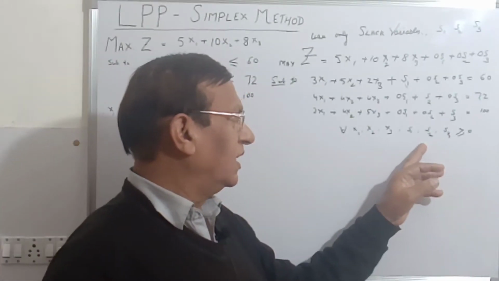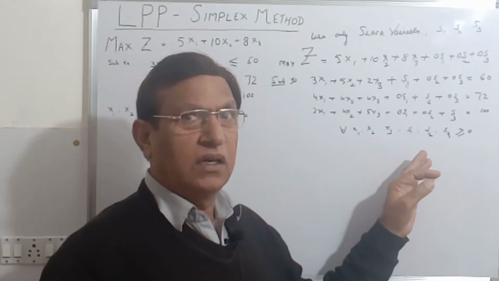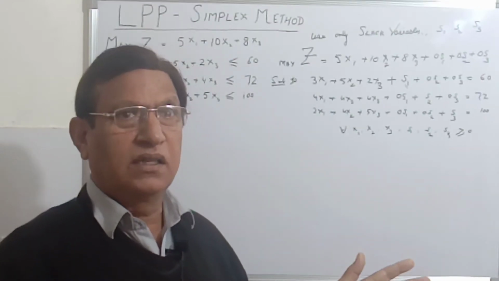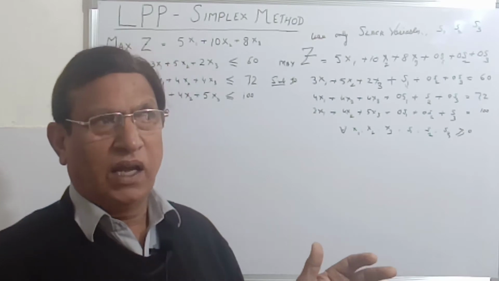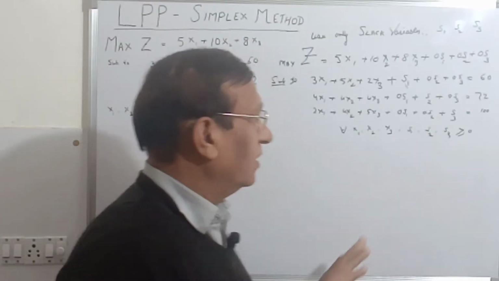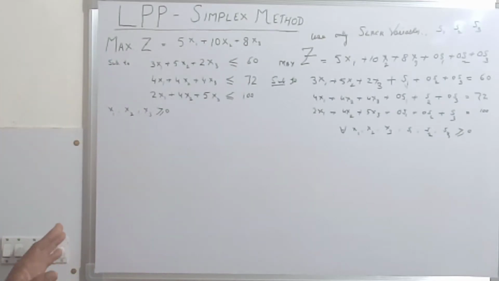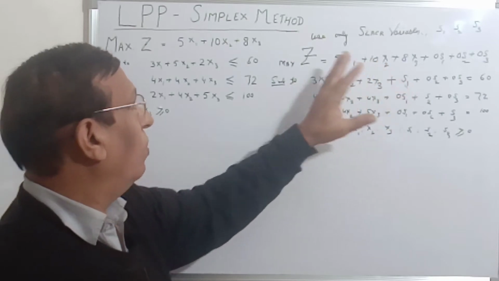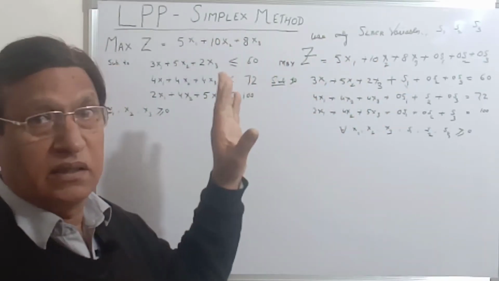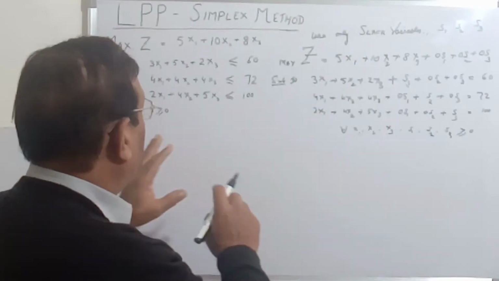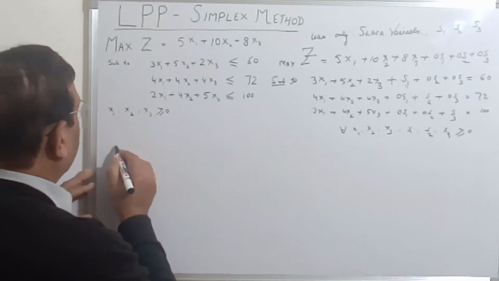This indicates that all variables are non-negative, because a negative number of anything has no meaning. So it is like this. So your equation has been converted into the standard format of the simplex method. Now we will put this format into our first simplex table.